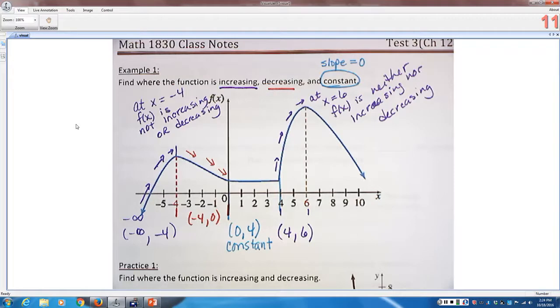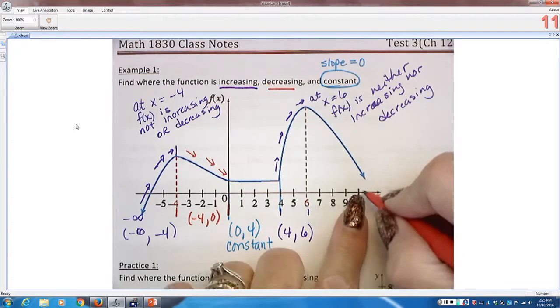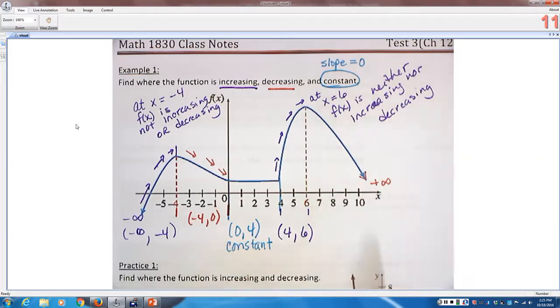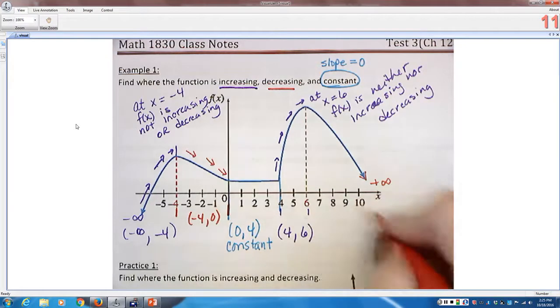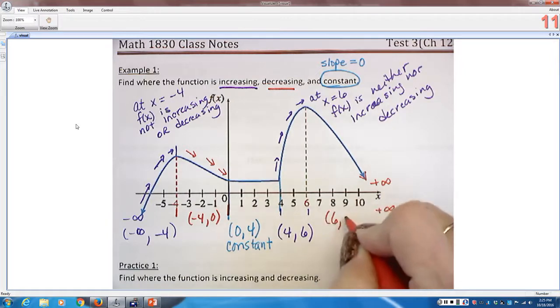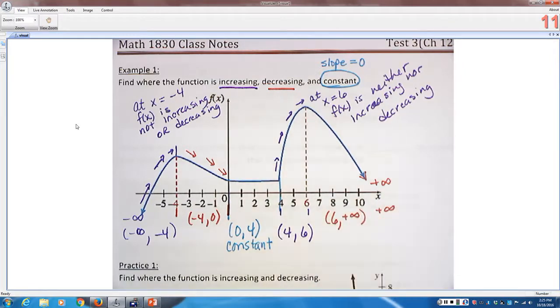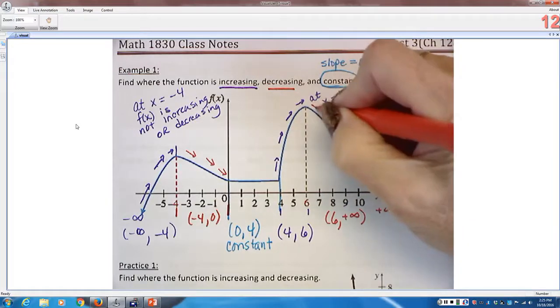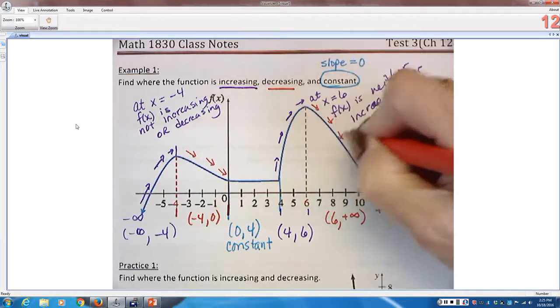And then where else? 6 to 10? Or actually past 10, because we have an arrow here, we're really going on to positive infinity. So from 6 to positive infinity, we know it's decreasing because once it gets to 6, it stops going uphill and starts going downhill.